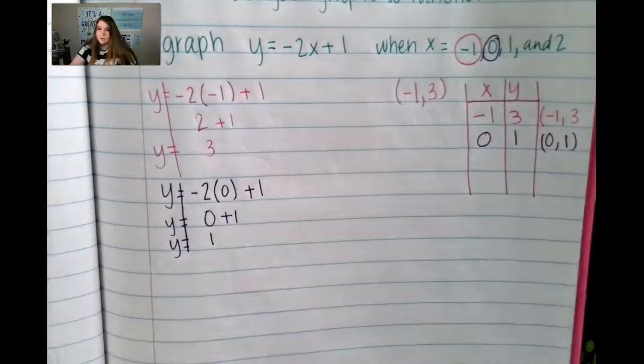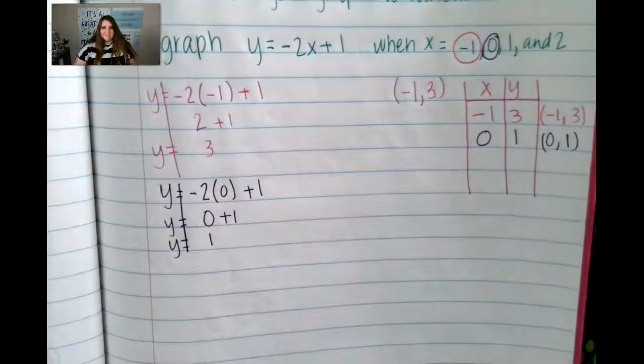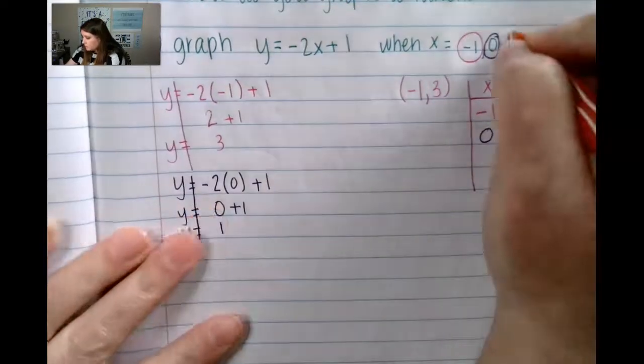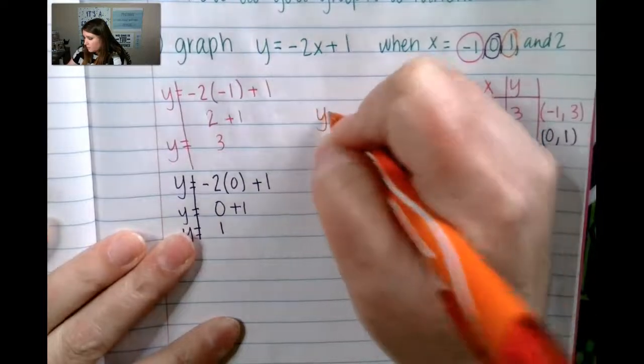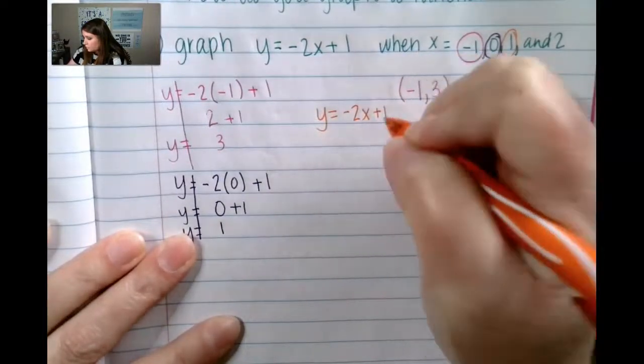And again, I always forget that second parenthesis there. Okay, let's look at what happens when we use substitution of 1. So again, I'm going to use the same y equals negative 2x plus 1.